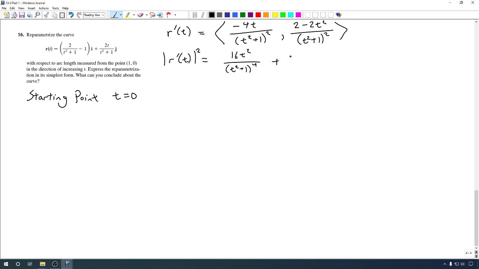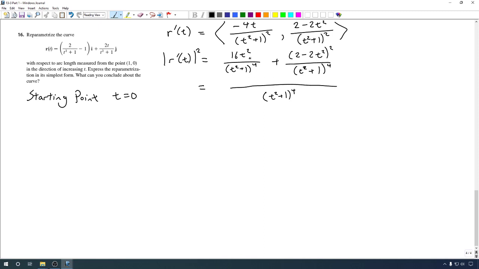Then I square this thing, so that's squared on top, and this is to the 4th power on the bottom. Of course, we can pull the (t squared plus 1) to the 4th power on the bottom out. So essentially just put everything over that same value.